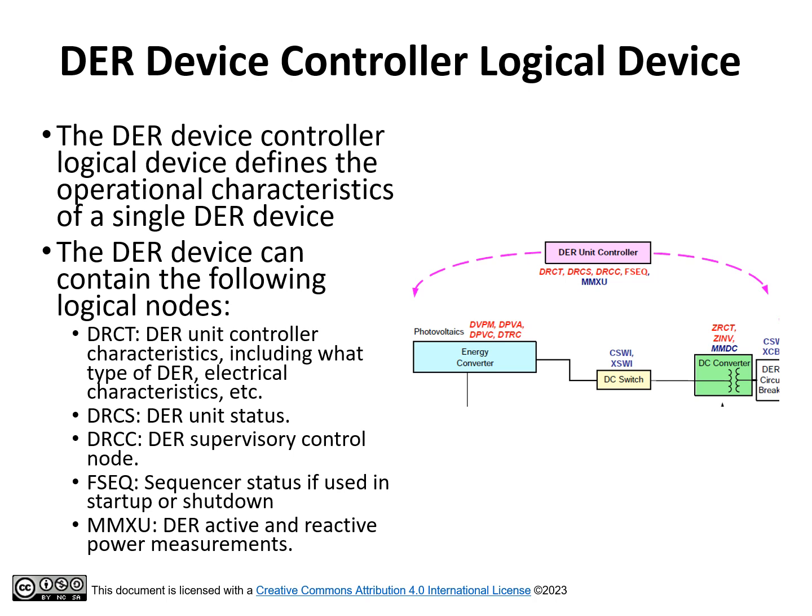The DER device can contain the following logical nodes: DRCT, DER unit controller characteristics including what type of DER, electrical characteristics, etc. DRCS, DER unit status. DRCC, the DER unit control actions.